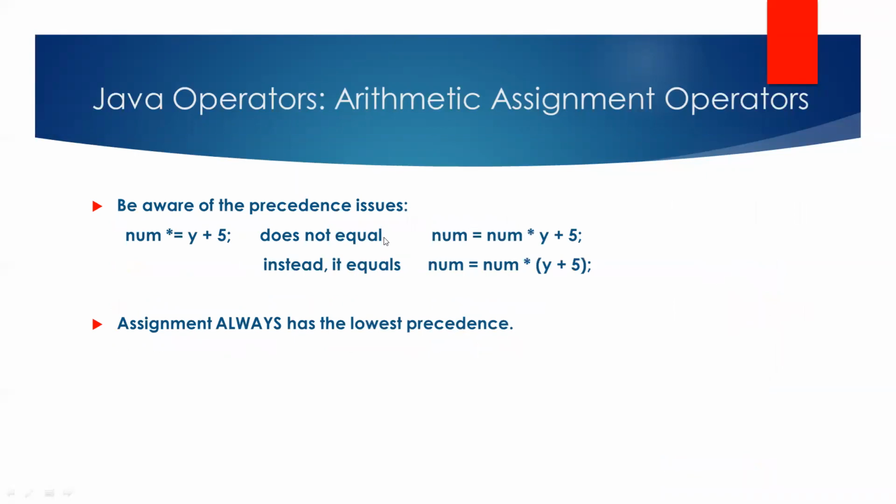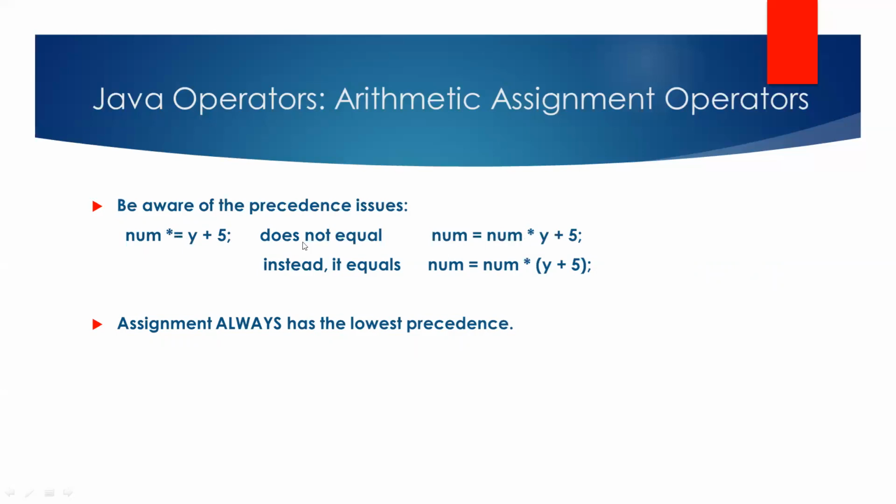Now the assignment operator. Just remember, when we perform arithmetic assignment, we have to be aware of code like this. Just look here: num multiply equal y plus 5 does not equal num is equal num multiply y plus 5.